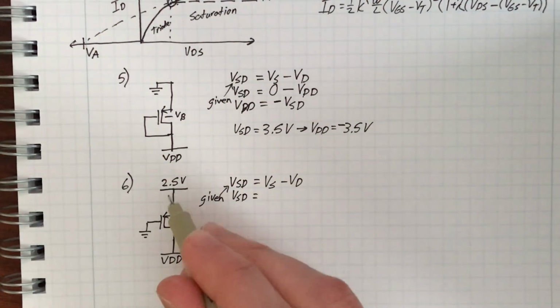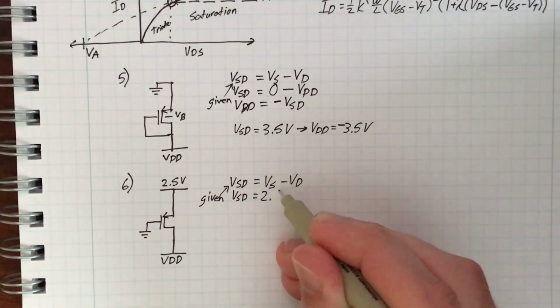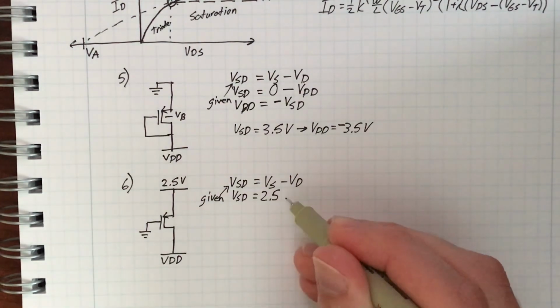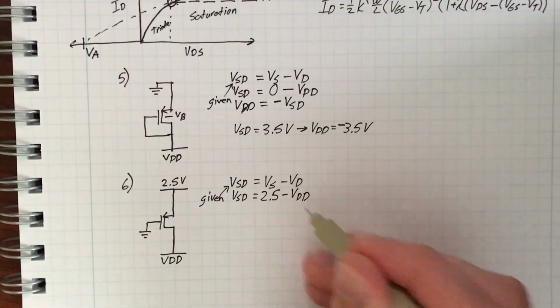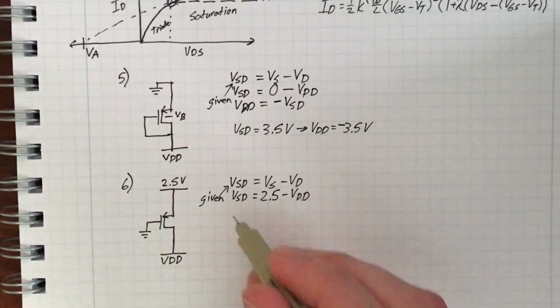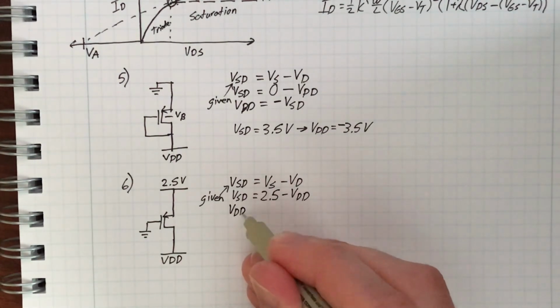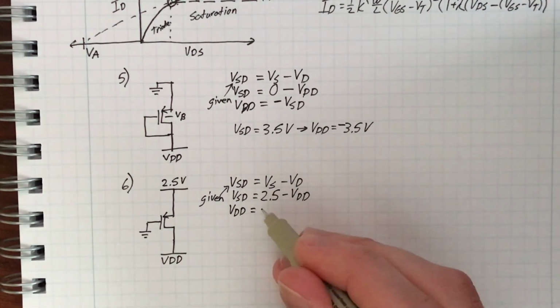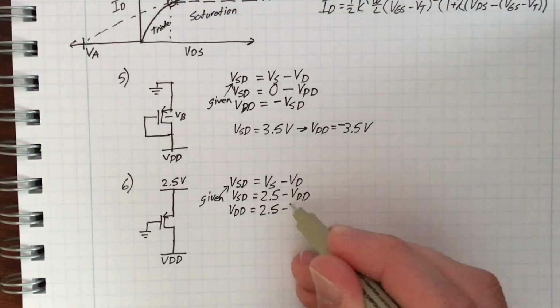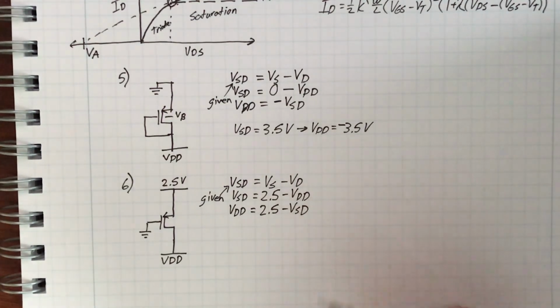VSD, the source voltage is 2.5 here. Drain voltage is VDD. So VDD is equal to 2.5 minus VSD. And that's the equation you want to use.